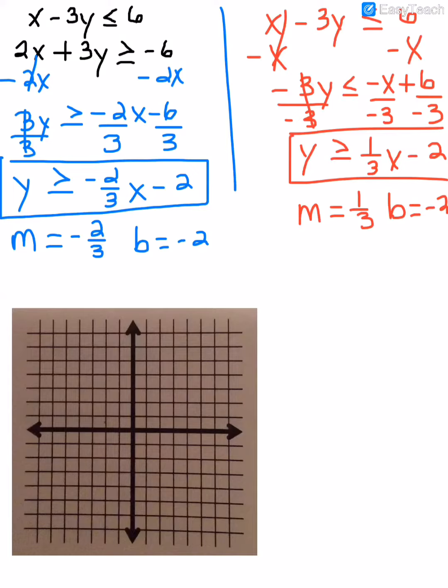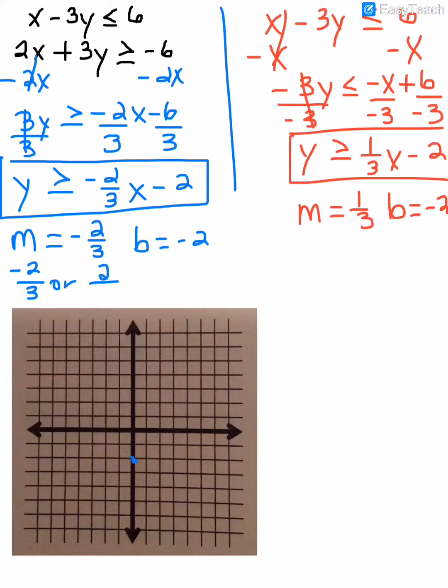For my blue inequality, I am going to graph this line. I'm going to plot my y-intercept first, which is negative 2, and then my slope is negative 2/3. Remember, when my slope is negative, I need to put that negative sign with either the numerator or the denominator, but not both.